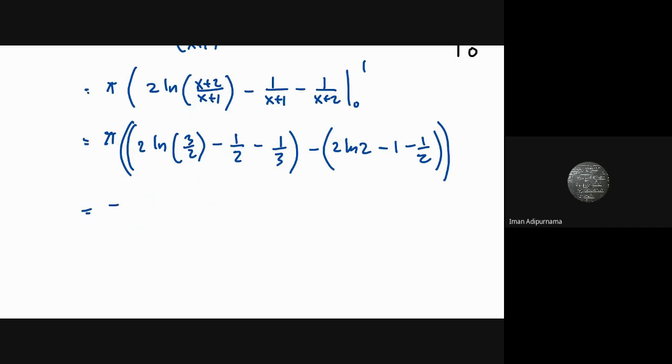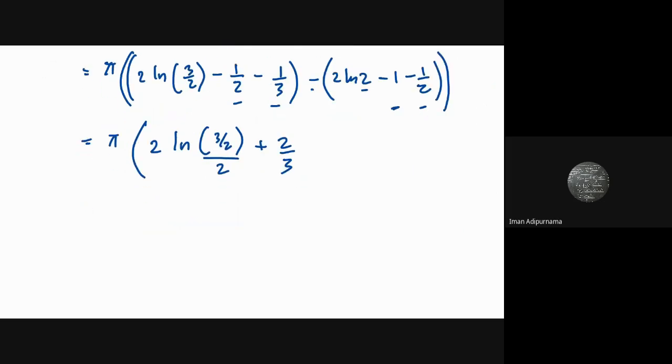This will be 2 ln 3 over 2 divided by 2 because of this minus, okay? And plus, we evaluate this and evaluate this. This will be 2 over 3, okay? Still we need to solve. We can put 2 over here.